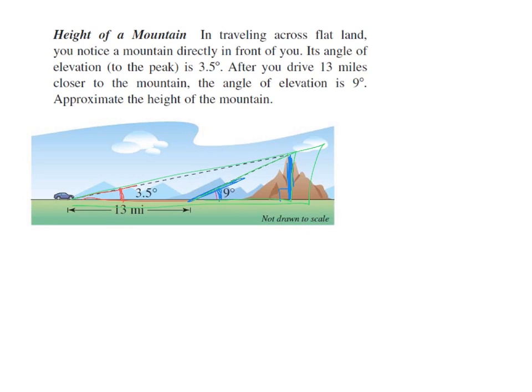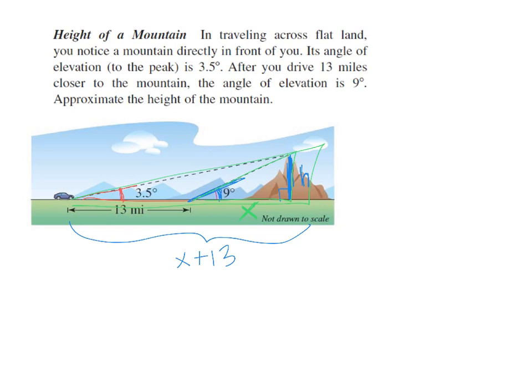Let's see what other information we have to work with. This is the height that I'm trying to figure out. I do not know what this length is here, so I'll call this x. But I know this whole length is not 13x, but x plus 13. So that's the length of the leg of the big triangle.